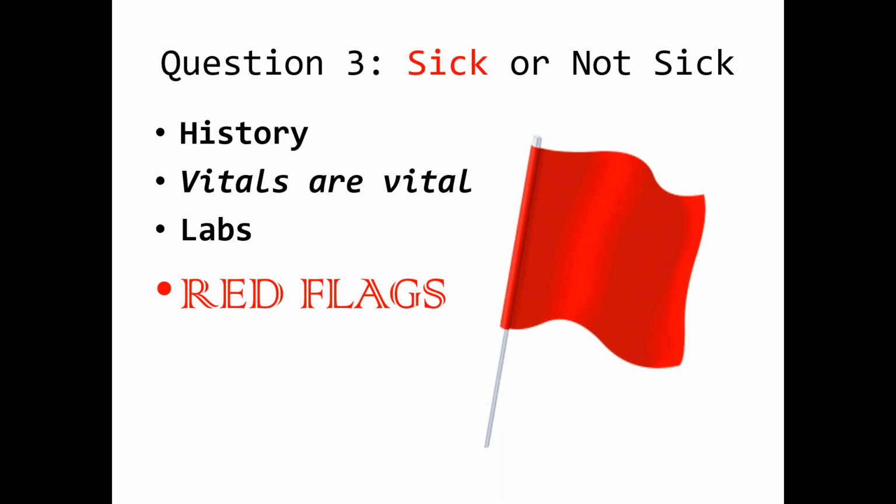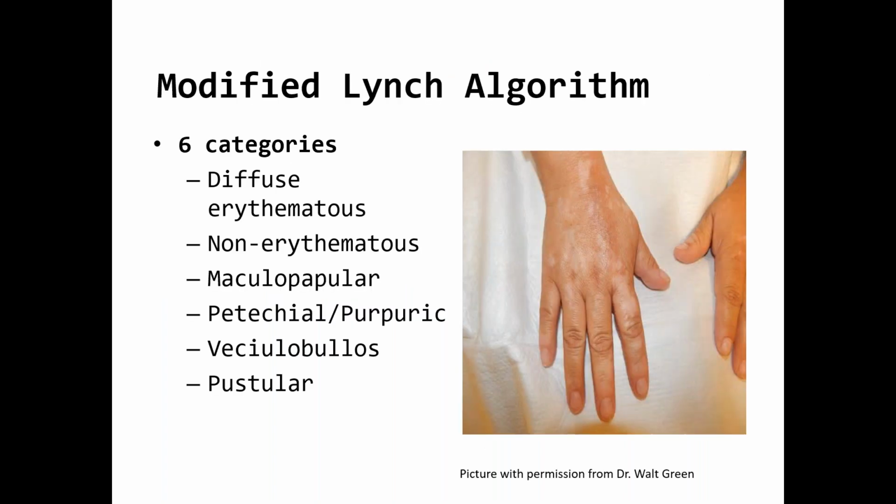You should use a red flag, so that you come to know by the history, vital examination, as well as important lab investigations. If the patient is serious enough, you should raise the red flag.